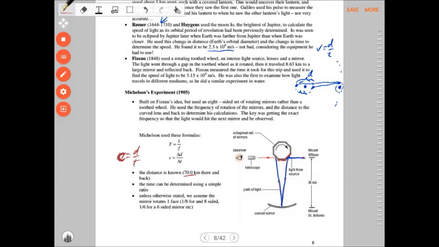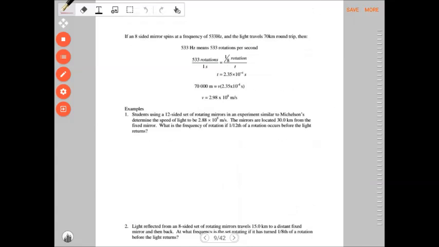Okay, and again, unless otherwise stated, we assume that the mirror rotates only one face. So 1/8 for an 8-sided mirror, 1/6 for a 6-sided mirror. So if an 8-sided mirror spins at a frequency of 533 hertz and the light travels 70 kilometers round trip, then we can do this basic calculation here. 533 hertz means 533 rotations in 1 second.